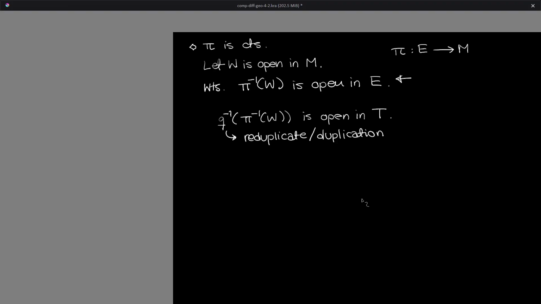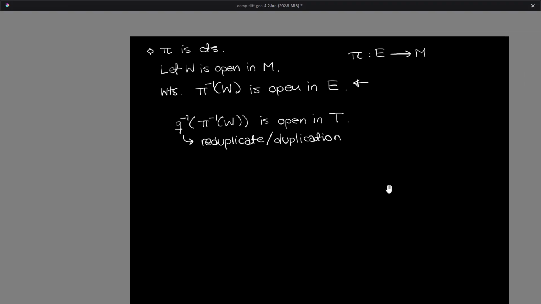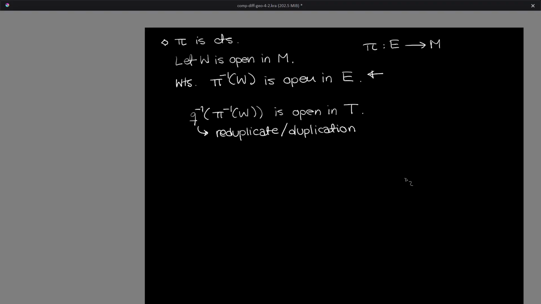So what can we say about this set? Well, we know that T has the subspace topology, so we have to show that Q inverse of pi inverse of W is open in the subspace topology. So let's show that this actually is an open set in the subspace topology.